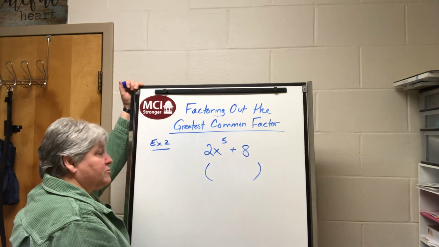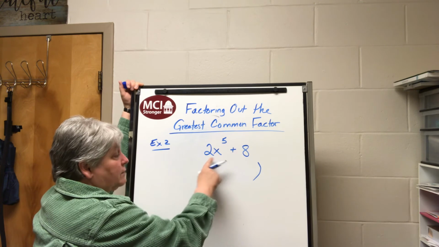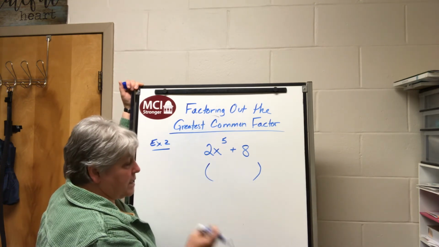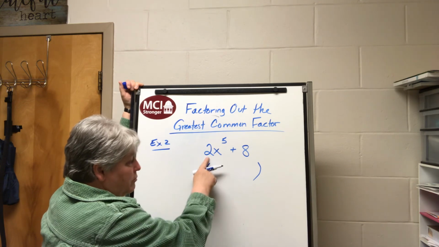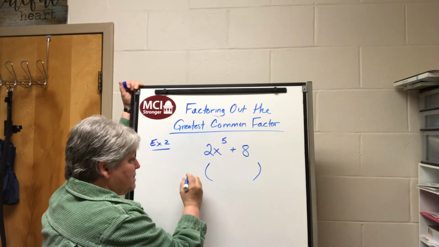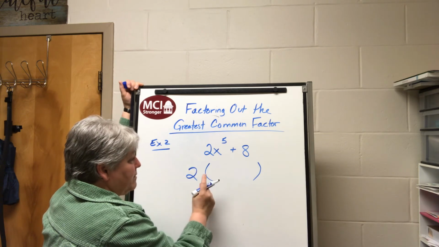So let's check and see what we would do. Look at the numbers. What is the biggest number that goes into 2 and 8? Well, 2 goes evenly into itself, and it also goes evenly into 8. So definitely the 2 is out front.